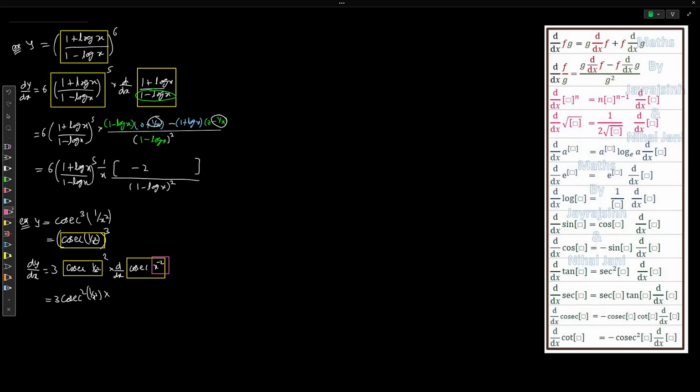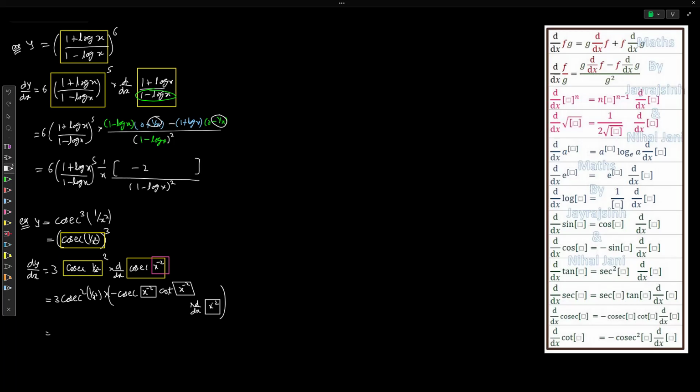Okay, so differentiation of cosec box will be, yes, minus cosec box cot box into differentiation of box. Okay, within the box we have x raised to minus 2.